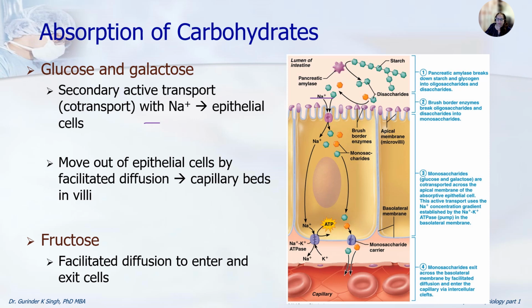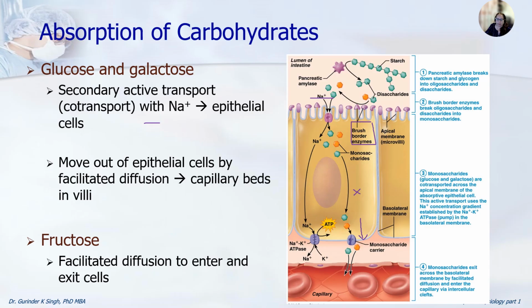They enter from the brush border side, and monosaccharides are released. At the basolateral side, these monosaccharides are transported through facilitated diffusion, because their concentration is higher inside the cell than in the blood.